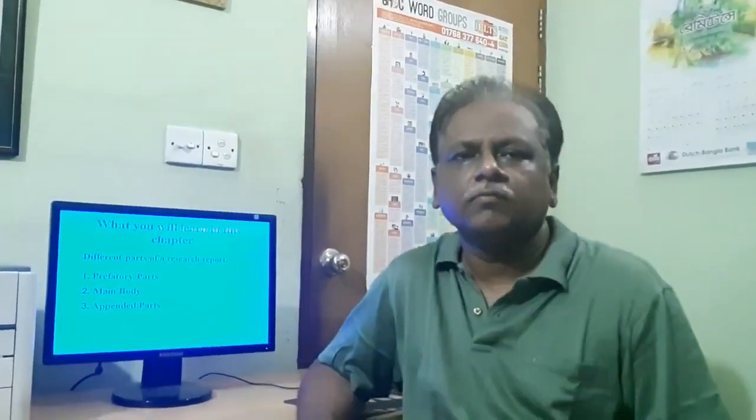So dear students, under prefatory parts of a research report, there are 5 subparts that I already discussed. The parts are title page, letter of transmittal, letter of authorization, table of contents, and executive summary or summary of the report.